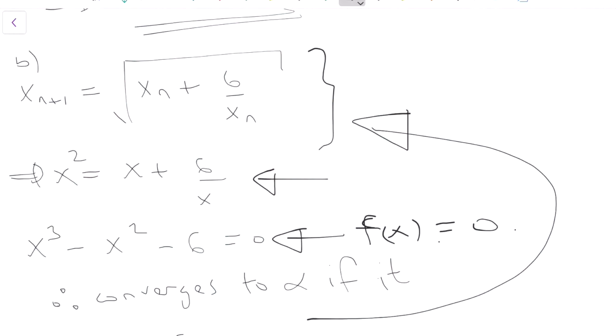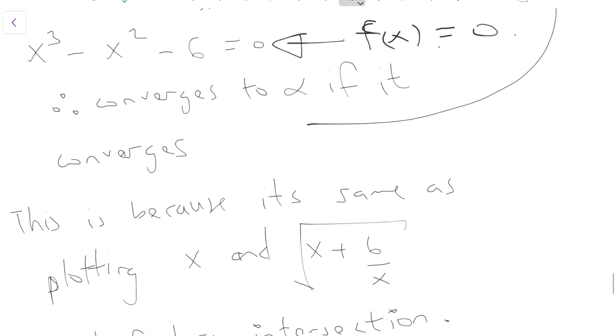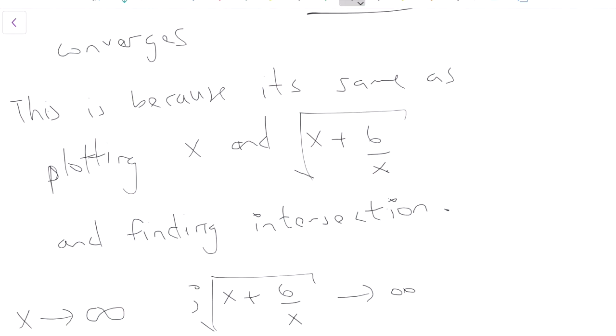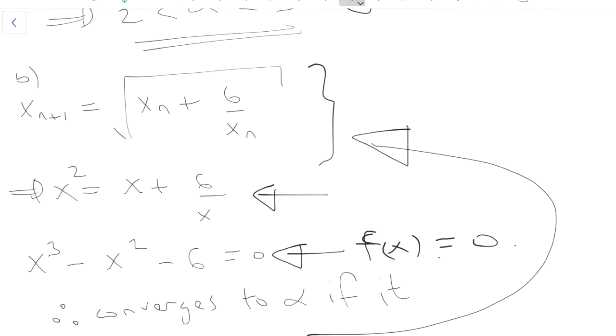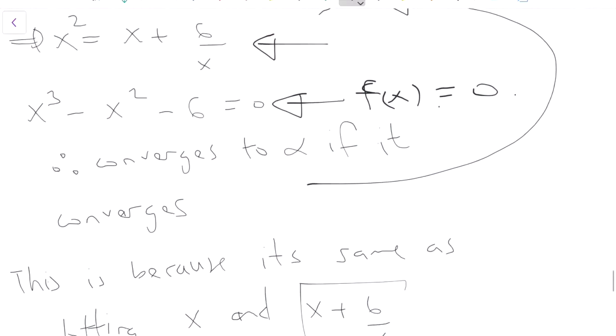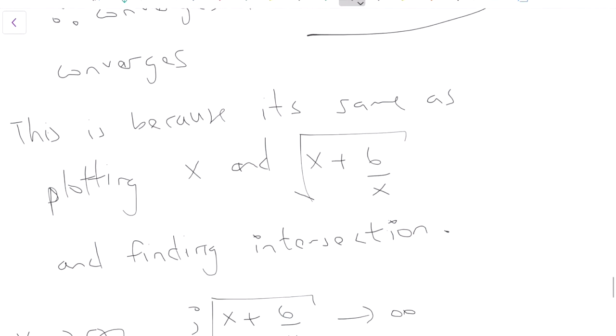And you might ask yourself, why is that? How does that work? Well, imagine plotting the left-hand side and the right-hand side. This is exactly what I do. So how do you plot?